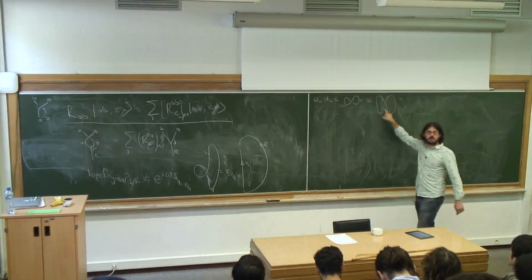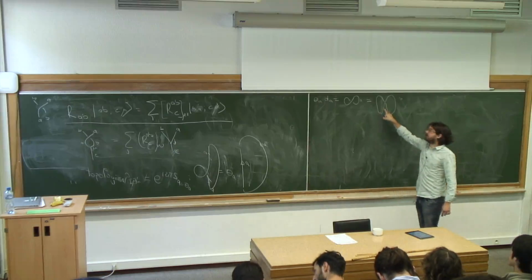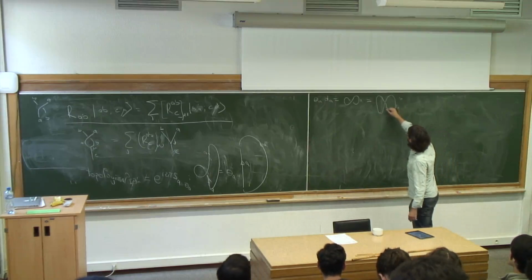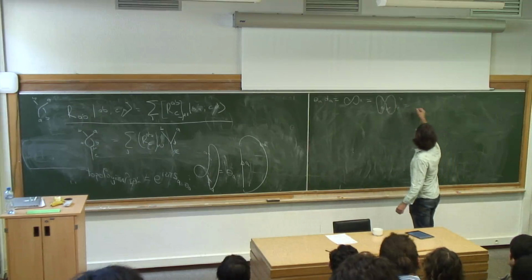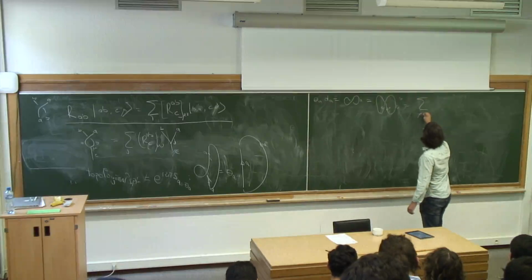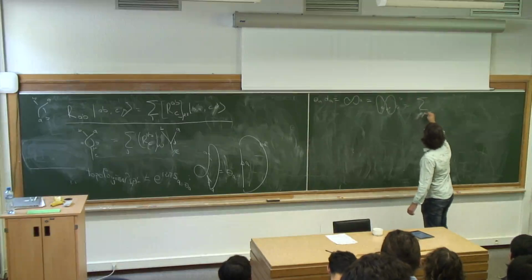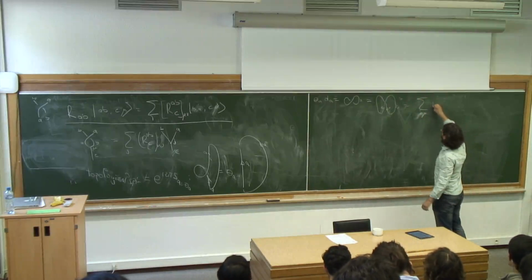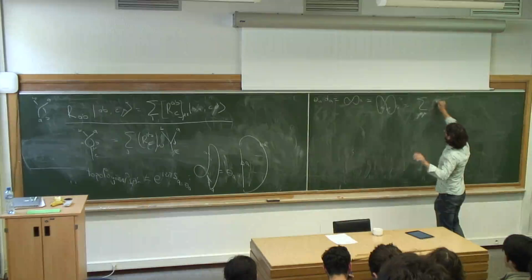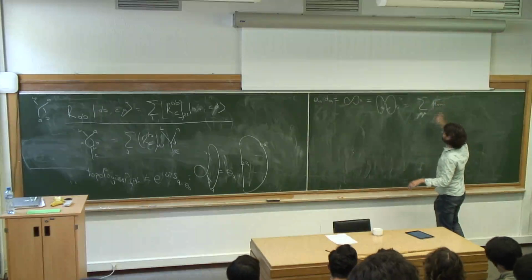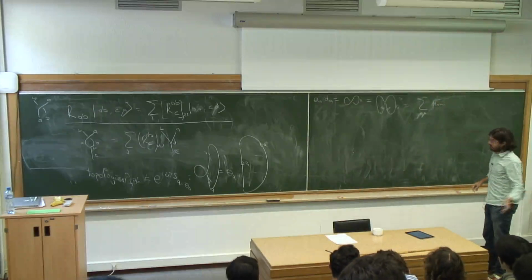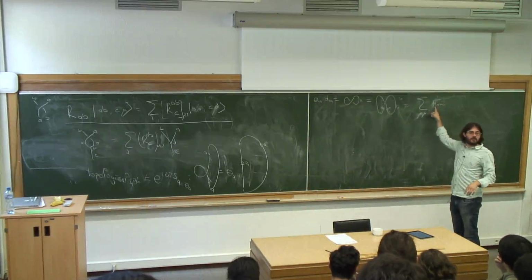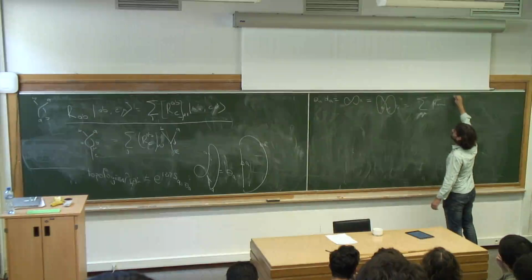I'm going to introduce a full set of states here, and here I'm going to have that normalization factor, square root of whatever. Let's just call it a normalization factor, because it'll die in the end. You remember this is the square root of dA over, this normalization factor times this.